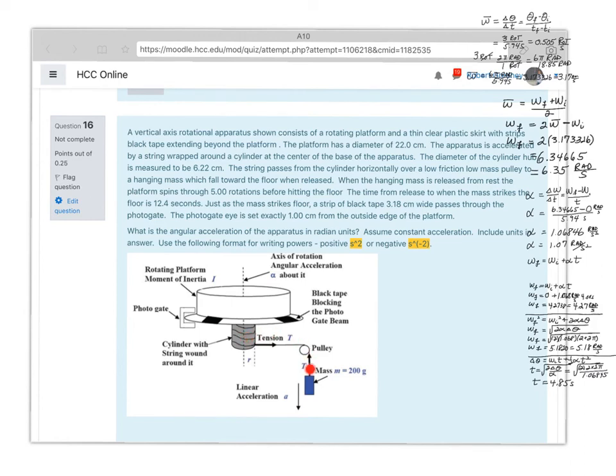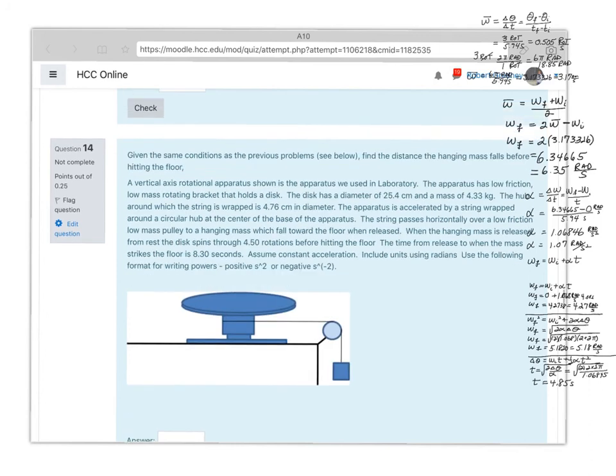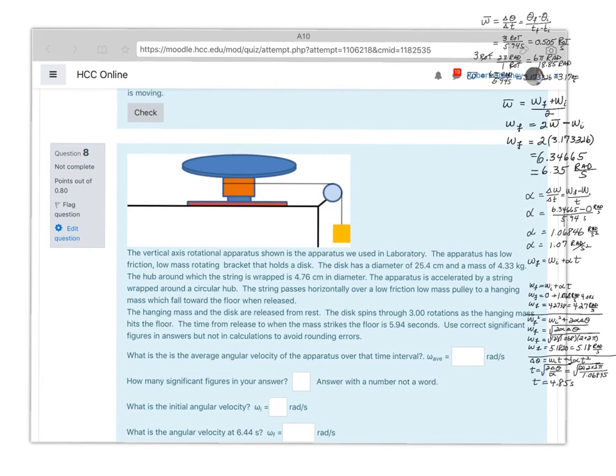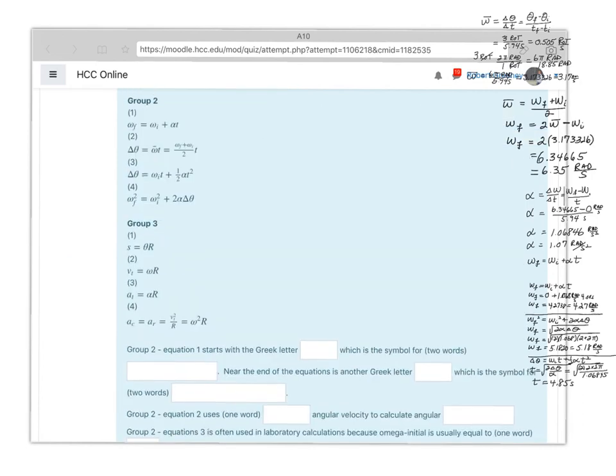And so whenever you have to go from, like, say, we know the acceleration of this, the angular acceleration, how is that related to the linear acceleration of this? So whenever you go from angular to linear quantities, you got to use those equations from group 3.